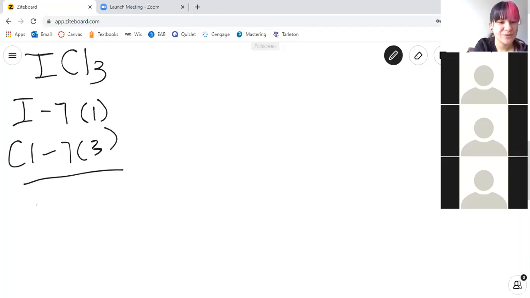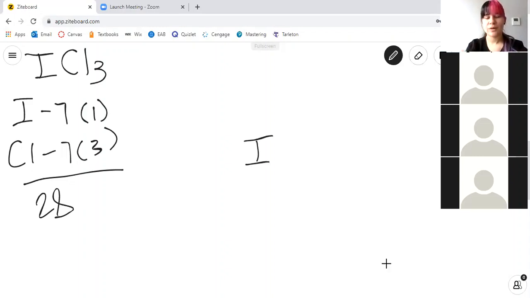So we get a total of 28. What is going to be the central atom? Iodine in the middle. Yes. This is a bit weird because they're all halogens, but whenever you have one of something and then multiple of the other, it's usually easier to stick the one that's different in the middle.